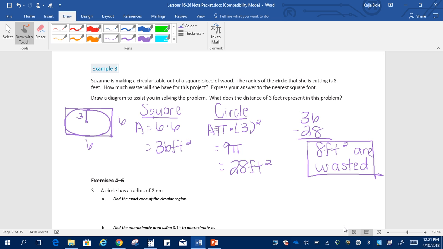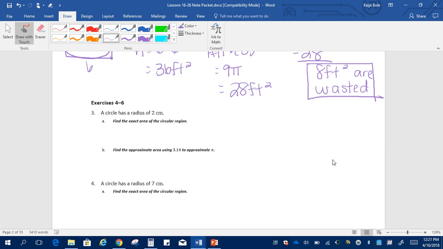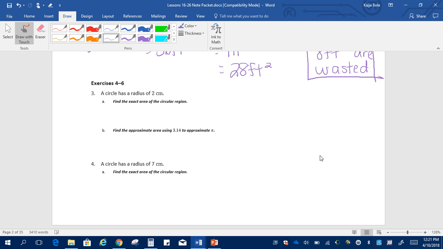Alright, we're going to go ahead and finish out this page here in the video. Number 3 says a circle has a radius of 2 centimeters. And this one says find the exact area of the circular region. So I want you to write a note where it says exact. That means you leave it in terms of pi. And you'll see what that means when we solve it.